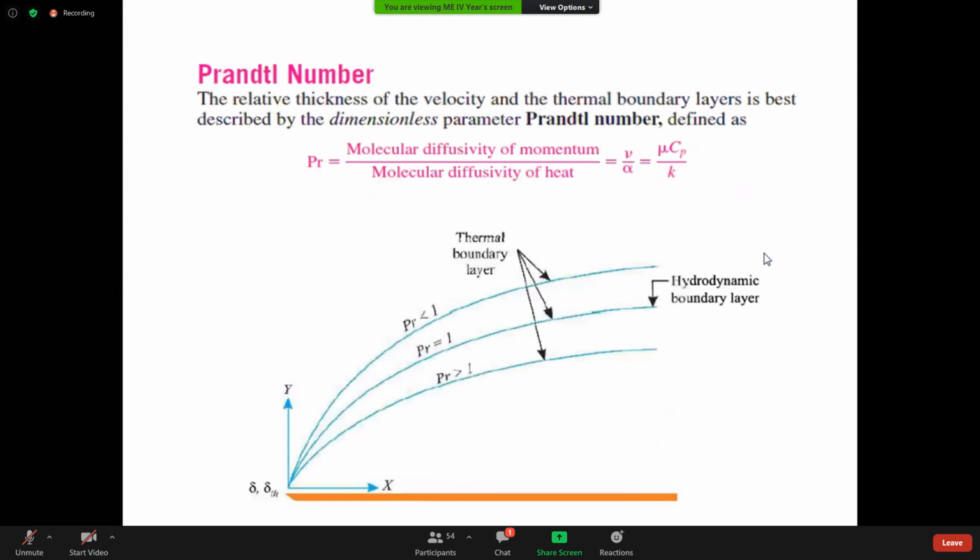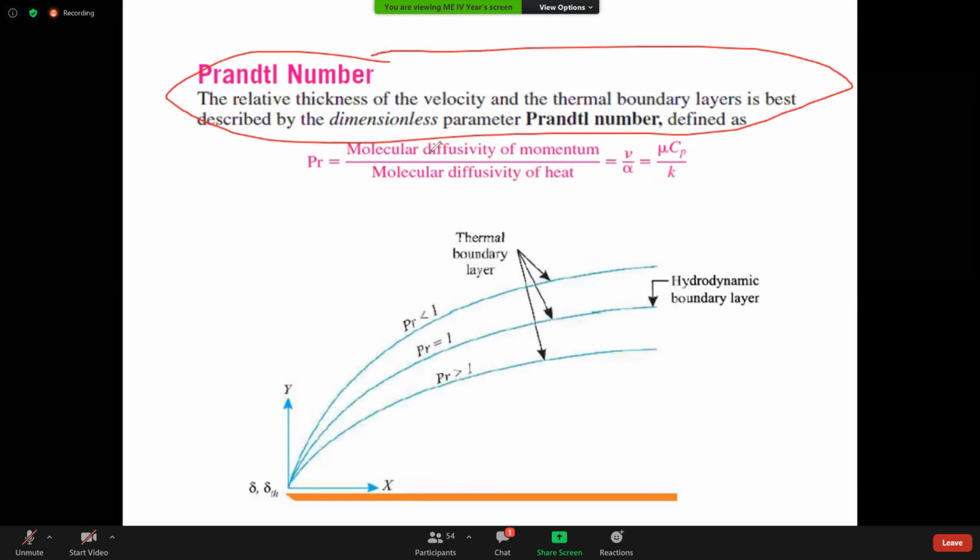Again, the Prandtl number. Whenever there is heat transfer, there will be a Prandtl number. I introduced these non-dimensional numbers in the last class. It is the ratio of the molecular diffusivity of momentum to the molecular diffusivity of heat. We can write it as mu by rho, and mu Cp by k.